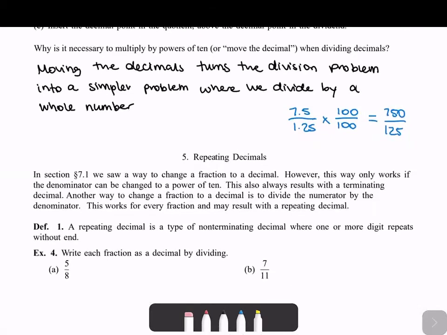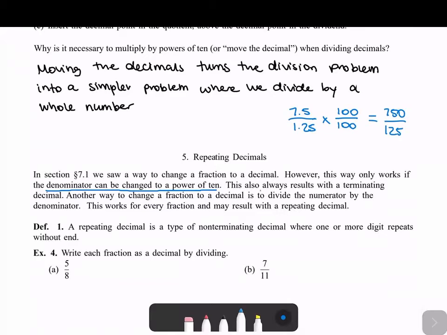It only works to change a fraction to a decimal nicely if the denominator can be changed to a power of 10, which means the denominator has a prime factor of 2 or 5 only. Only those two things in the prime factorization of the denominator.